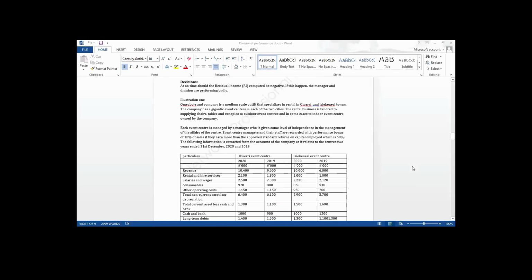The following information is extracted from the accounts of the company as it relates to the centers, for the years ended 31st March 2020 and 2019. You have the information given.